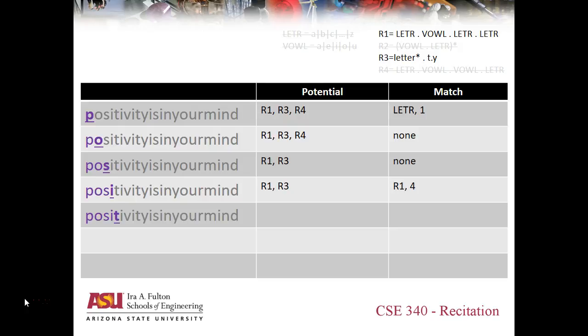So now we move on to the T. R3 becomes a potential, and no matches. Go to the I. Oh, you get to cheat on this one. R3 is still potential.